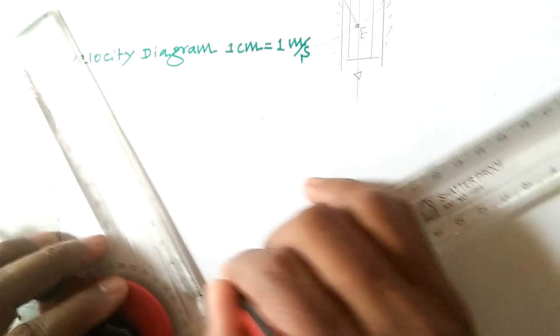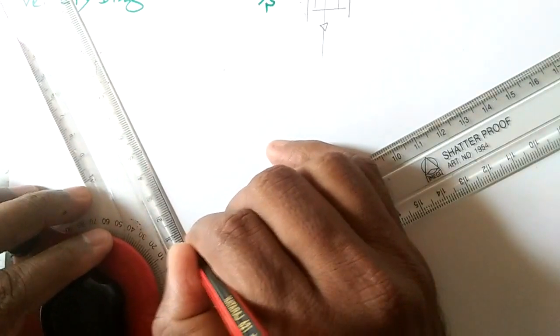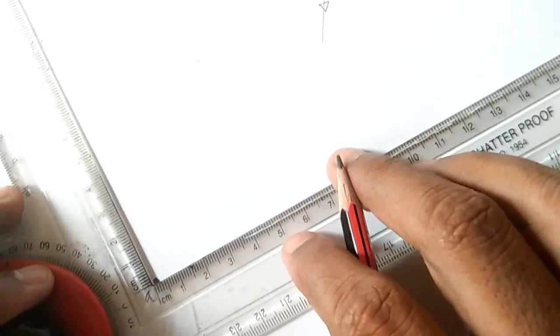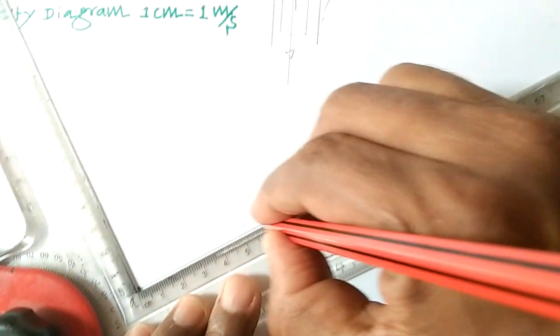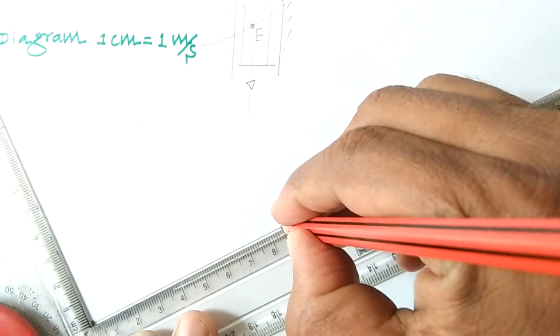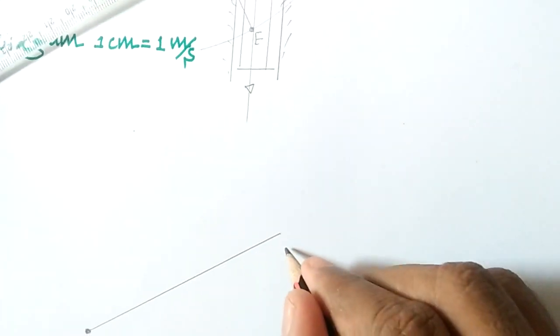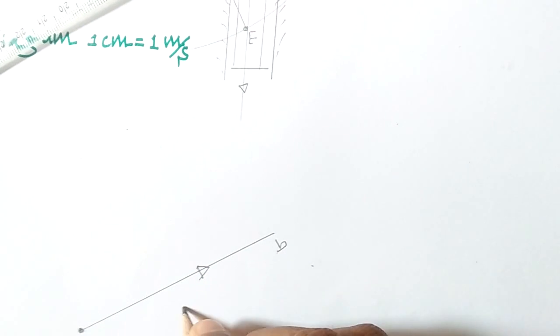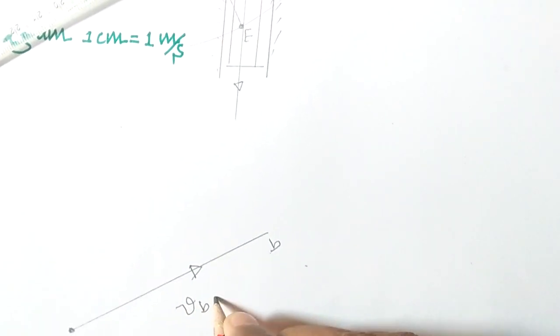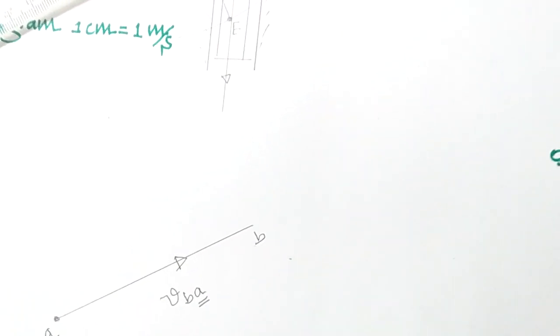That is the fixed point A, because A is a fixed point, and you have to draw the perpendicular with a length equal to 8.5 centimeter. I hope you got it, magnitude and also direction. This is the B point. This is the direction, velocity of B with respect to A. A is a fixed point. Then I will go to the next point.